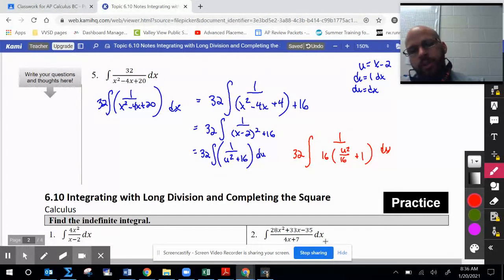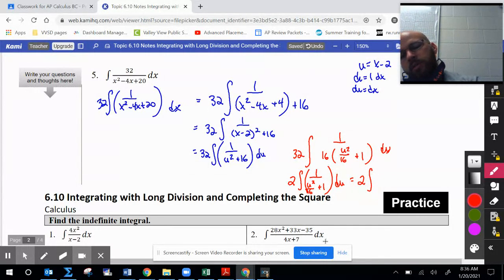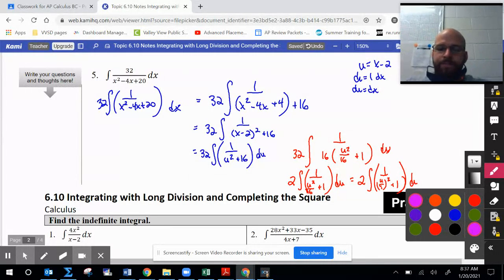If I take out a 1 over 16, if I take that 16 out of the denominator, that's going to give me now a 2 out front of 1 over u squared over 16 plus 1 du. And I'm going to rewrite that to be a 2 times the integral of 1 over u over 4 squared plus 1 du. Sorry, I'm getting a little messy here.